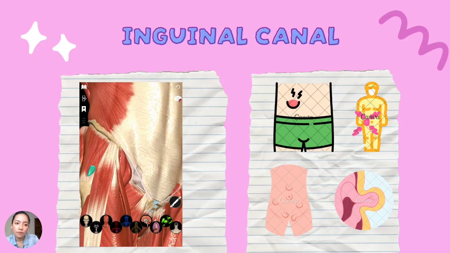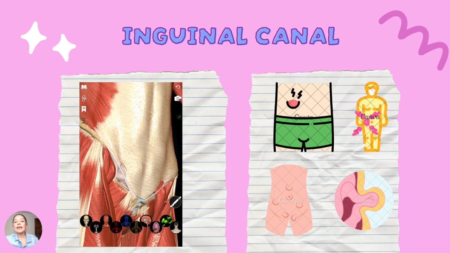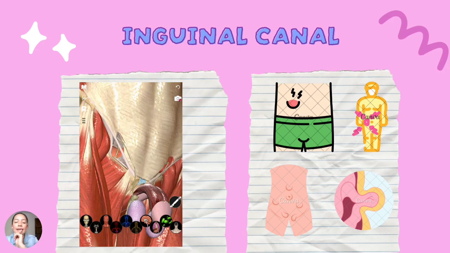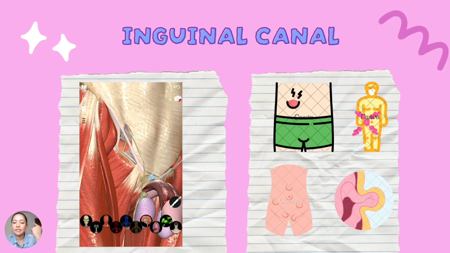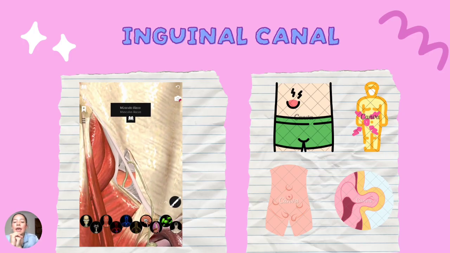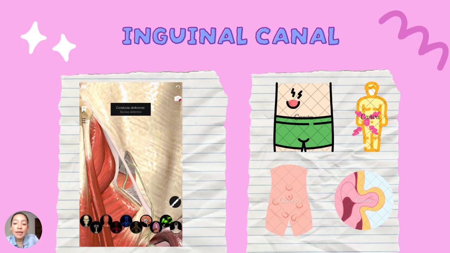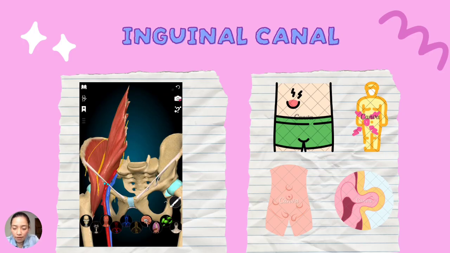Then we have the inguinal canal. The inguinal canal is an oblique passage in the lower abdomen, just above the inguinal ligament. In men, it transmits the spermatic cord, and in women, the round ligament of the uterus. This tunnel begins at the deep inguinal ring that we can see here in the video, and ends in the superficial inguinal ring.